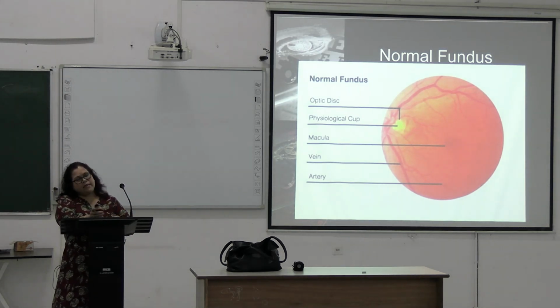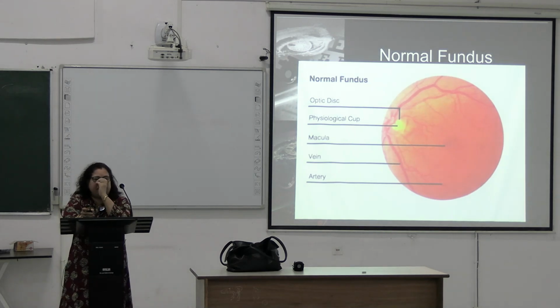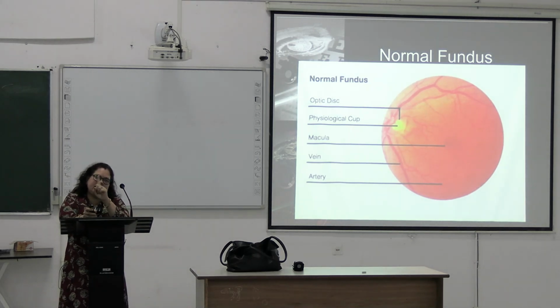So amblyopia has types. First is strabismic amblyopia, and second is refractive amblyopia.